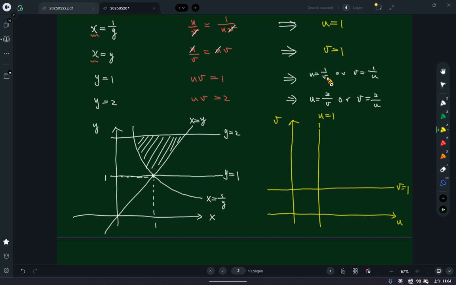Then uv is 1 is here. Oh, sorry. This is uv is equal to 1. Then this one is uv is equal to 2. So finally, the new region is here.